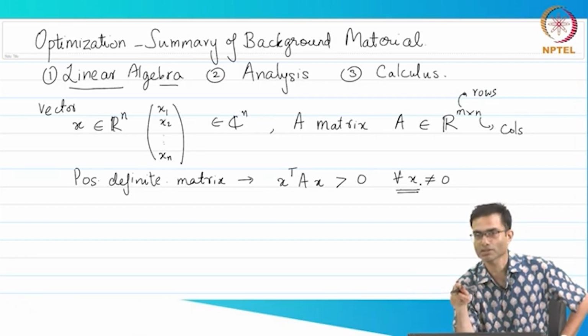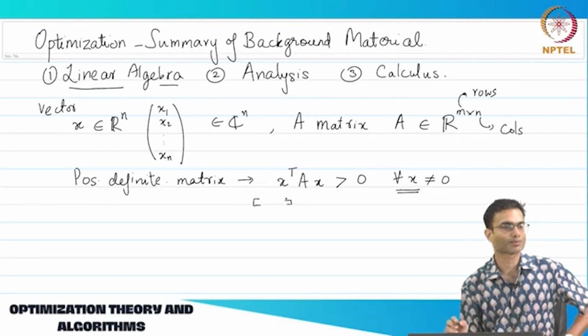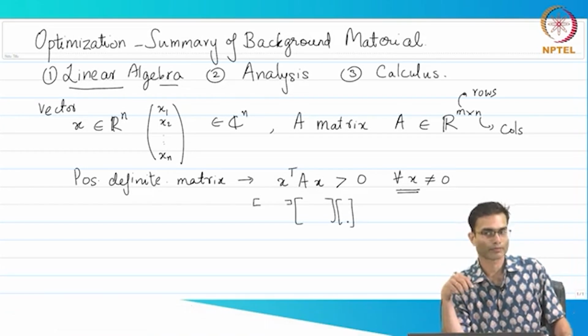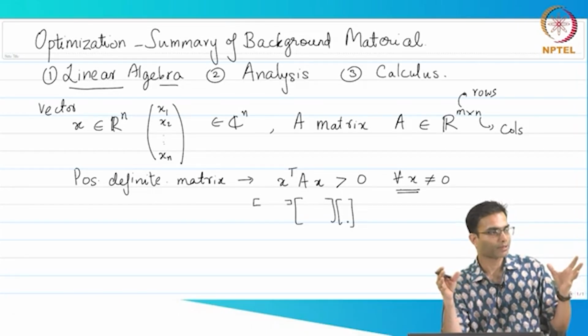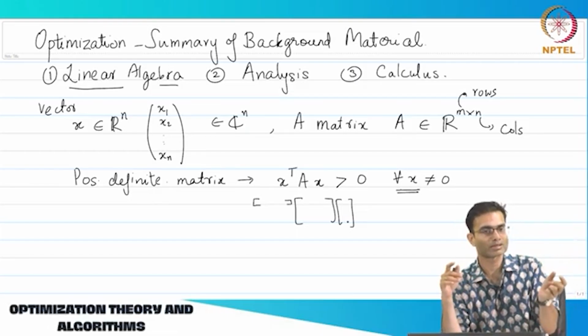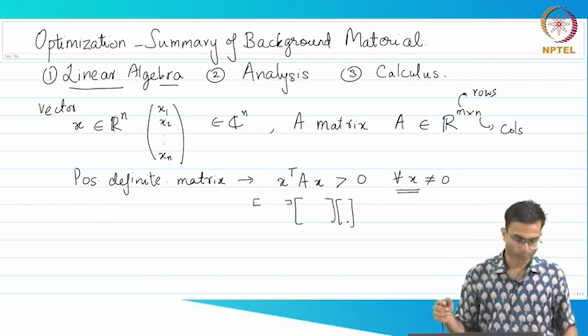If I write it this way, a nice way to visualize this is x transpose is a row vector, then I have a matrix, and then I have a vector over here, right? Now x transpose Ax looks like a big expression, but it's boiling down into a single scalar. Therefore, I can compare a single scalar against 0 and say greater than 0, right? So this is a positive definite matrix.